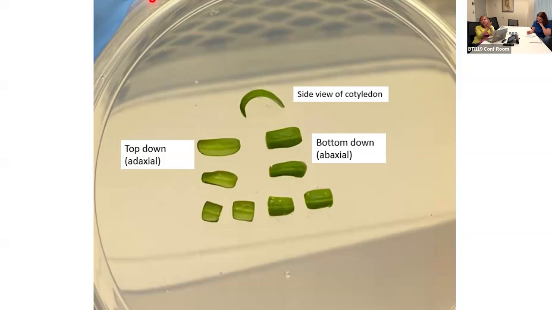And then we have the lights on at 16 hours on, 8 hours off. And our light intensity, depending on where we are in the shelf, could be anywhere from 65 to 75 micro-Einsteins per meter squared, whatever that is.